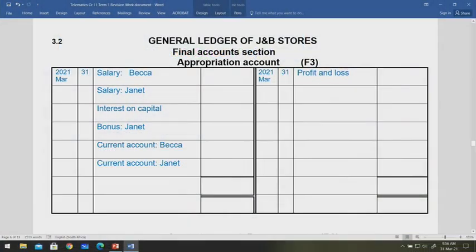You must study that. So we know on the credit side, profit and loss. That was given. They gave us the net profit, 800,492. On the debit side, the annual salary. Now, Janet's annual salary was given, 144,000. Becca's salary was given as a monthly salary of 15,000.